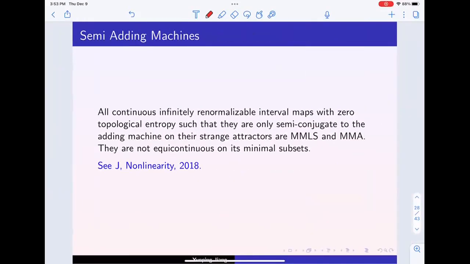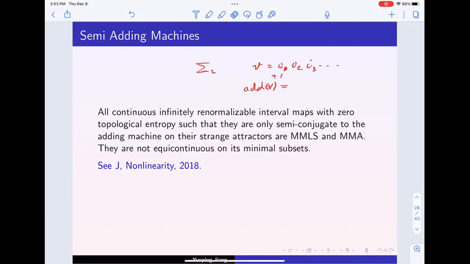Another example is the so-called semi-adding machine. Let me try to explain that. We know the adding machine on sigma 2. Every point on sigma 2 you can write as v = i0, i1, i2, i3, and so on. So what is the adding machine? It's v plus 1.